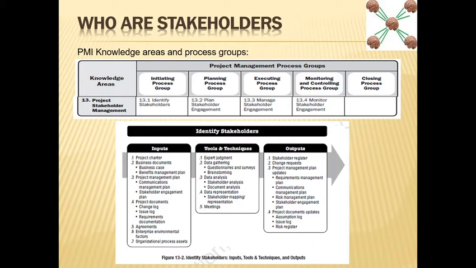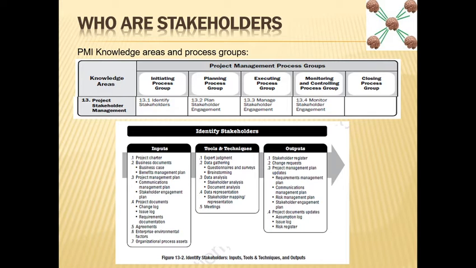So going further, you need the project management plan. In the whole project management plan, you need to know the communication management plan and the stakeholder engagement or management plan. From the communication management plan, you will know that, okay, as per this project, this number of people need to be informed about the project statuses or whatever is given in the plan.